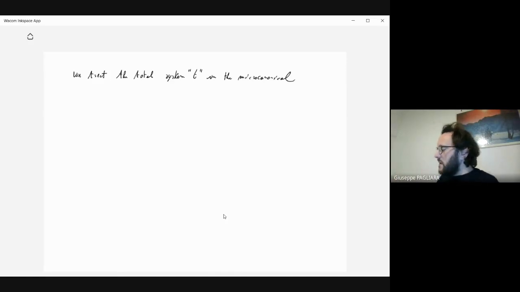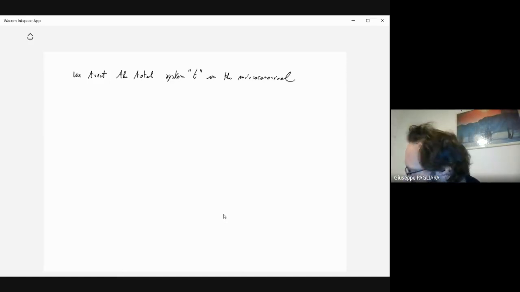So if the total system is in the microcanonical ensemble, we can say that rho of T, its distribution function or its ensemble, is constant if H of T, the total Hamiltonian, is smaller than Et plus delta, as before, exactly the same as in the microcanonical ensemble.